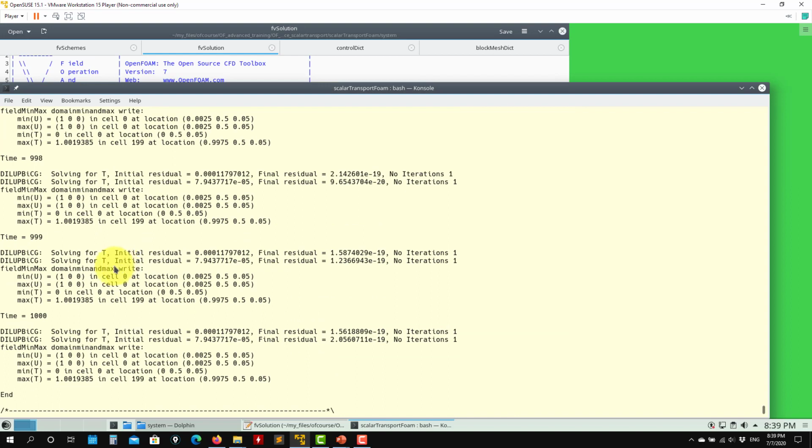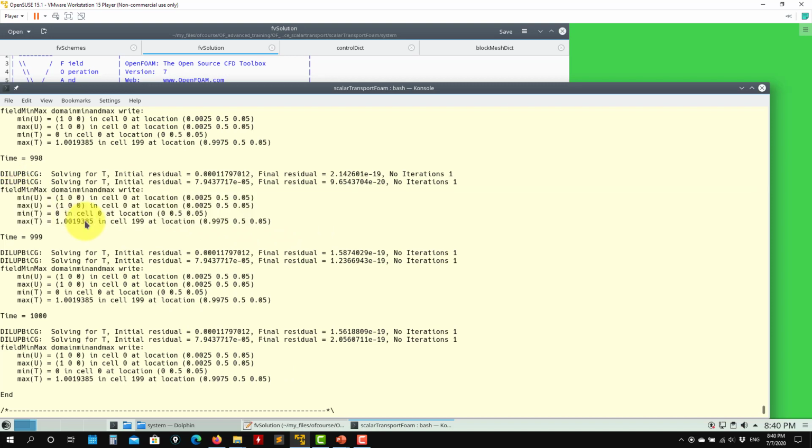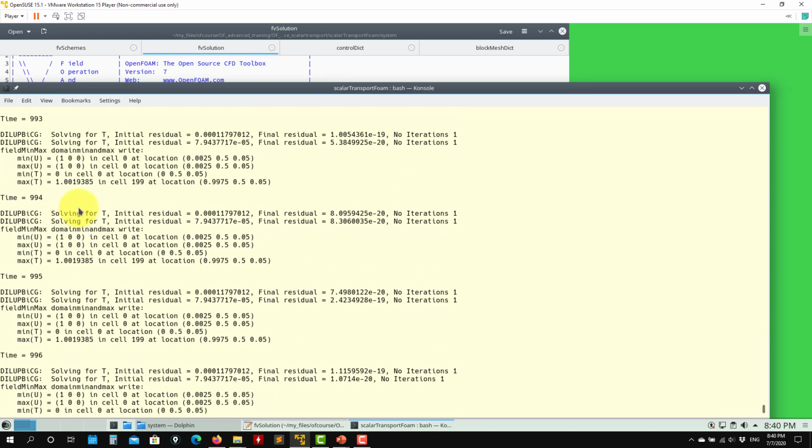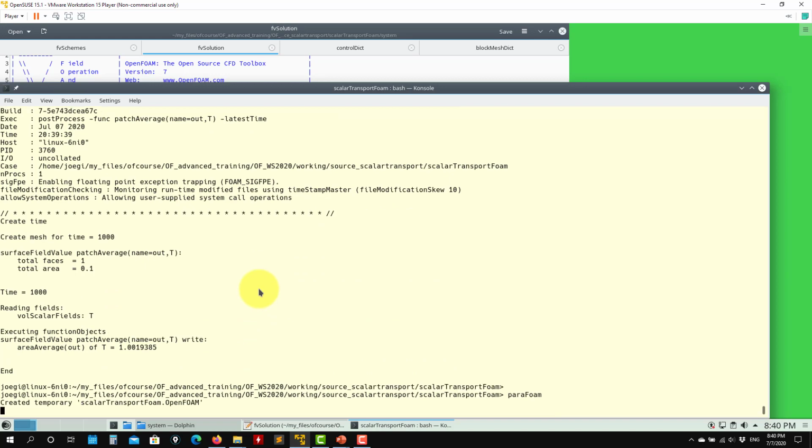So as you go back here and monitor, look at the importance of always monitoring your minimum and maximum values. That, as I mentioned earlier, for me is a standard. So see that maybe your solution is becoming a little bit unbounded. So that might be the problem in the Van Leer.